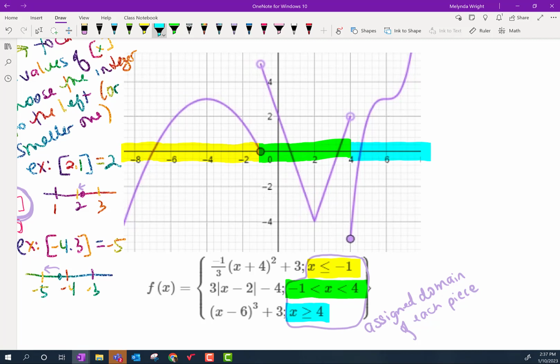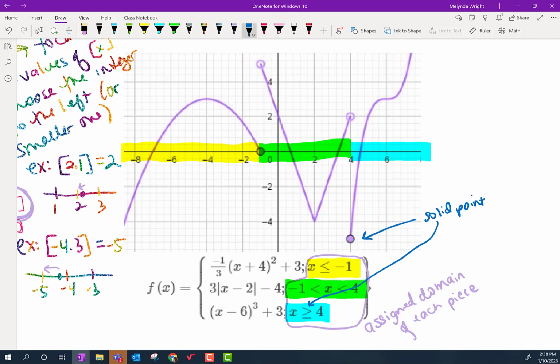So let's look at the difference between the solid points and the points that are open. Let's take this solid point right here. It is solid because that's greater than or equal to. Remember, if it has the extra little line underneath it, it means or equal to, and that's going to give us a solid point.